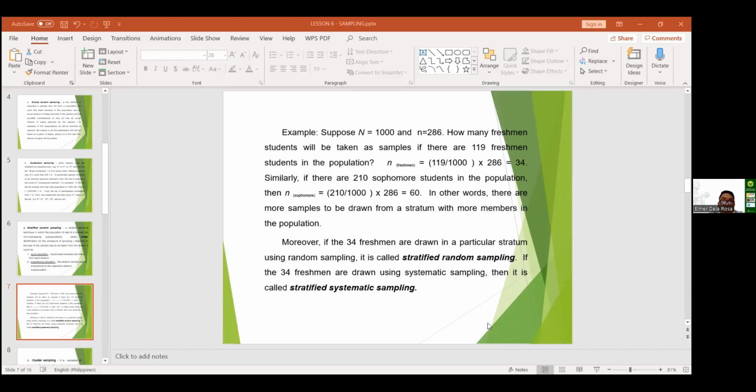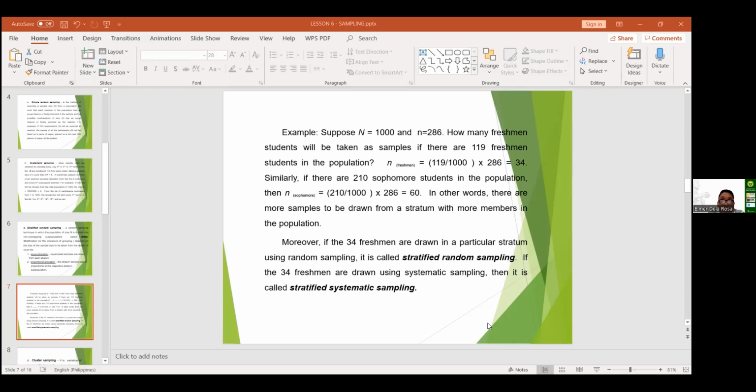So in other words, there are more samples to be drawn from a stratum with more numbers or members in that population. Naintindihan ba yung unang paragraph natin? You take a proportion of the sample by considering the proportion of that subgroups in the entire population.